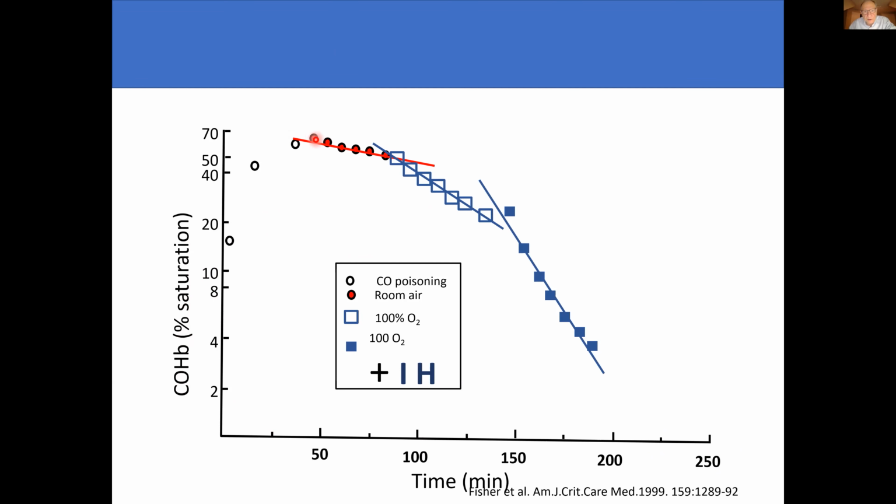And then the dog breathes room air, and the slope of this line is the rate of elimination. Then we provide 100% oxygen, the current standard treatment, and the slope increases a bit, showing a faster rate of elimination. And then we did the hyperventilation, and bang, the slope increased dramatically.